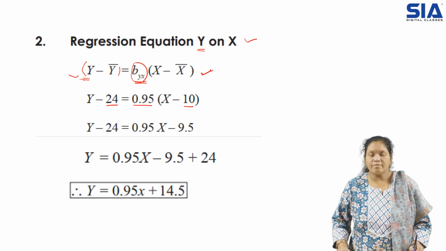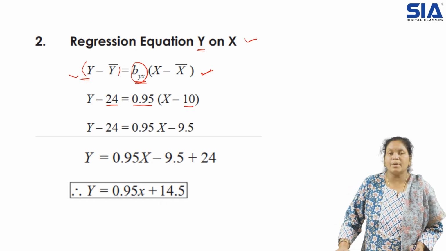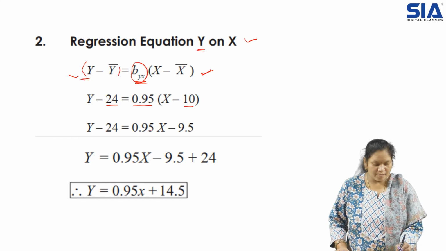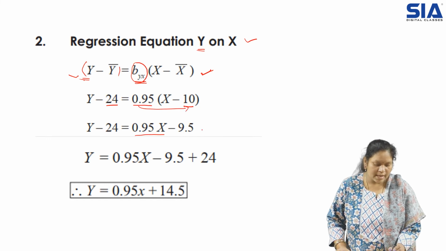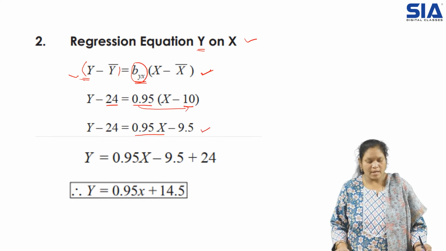Same as we did for x on y, here also you have to do the inner multiplications. 0.95 into x we got as 0.95x, then 0.95 into 10 we got the answer as 9.5. So I have got the answers.